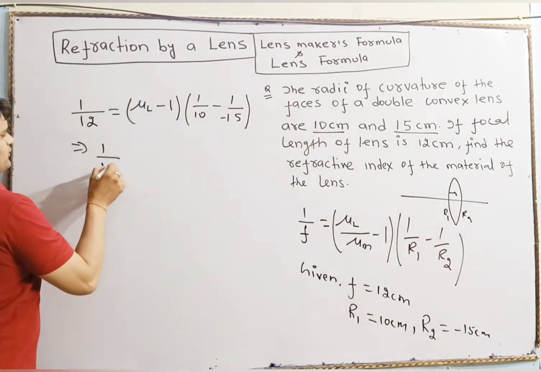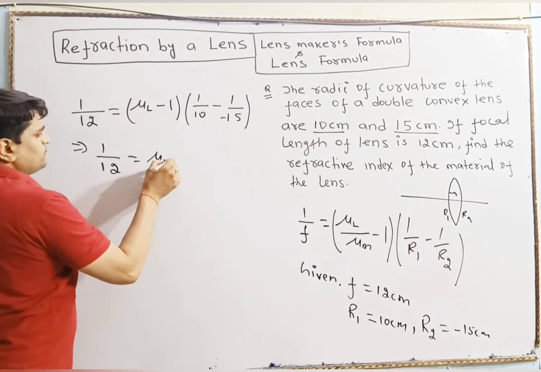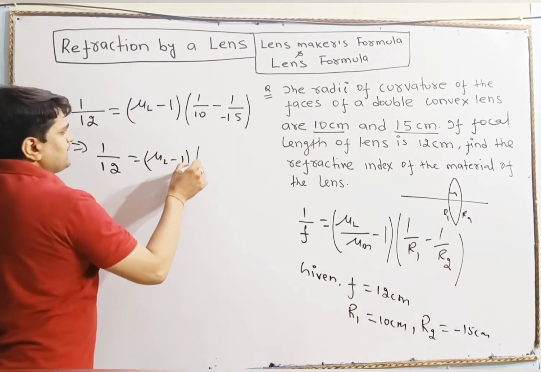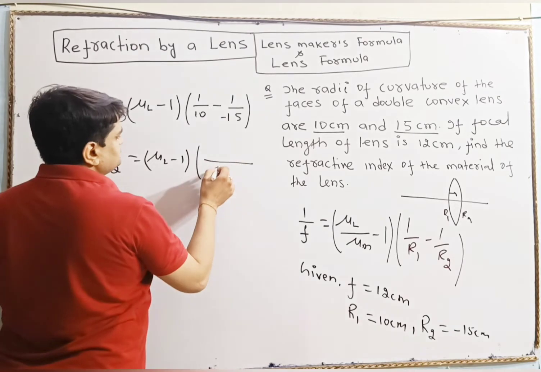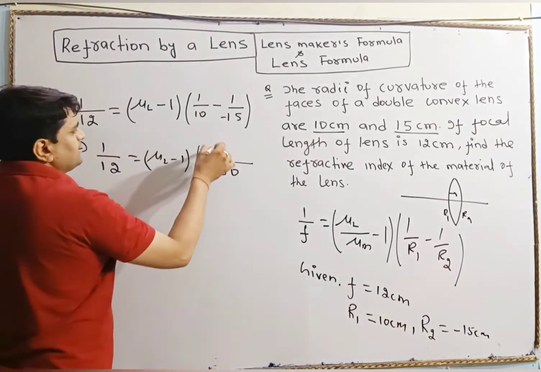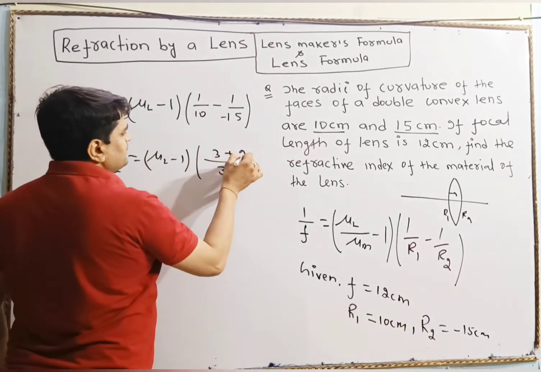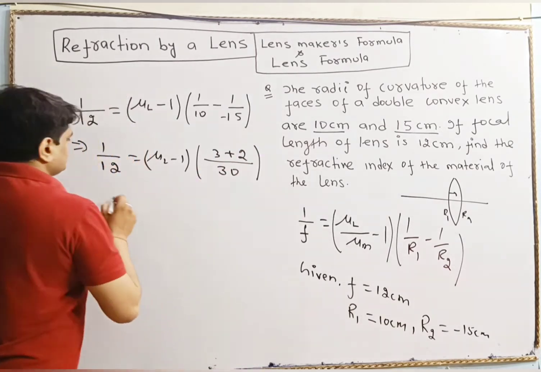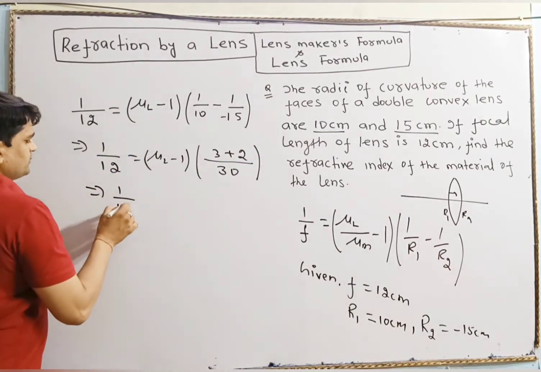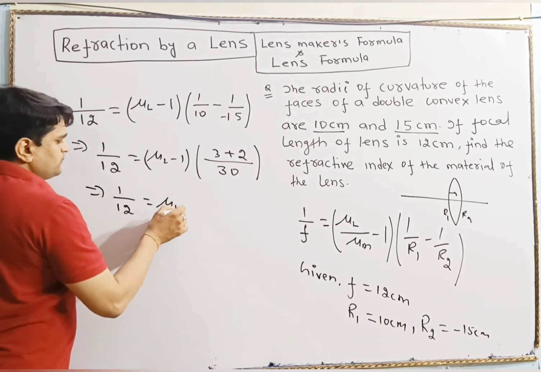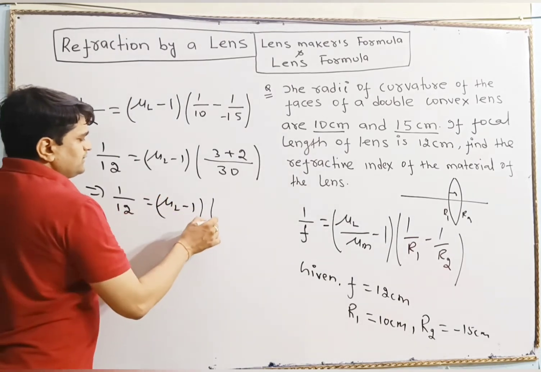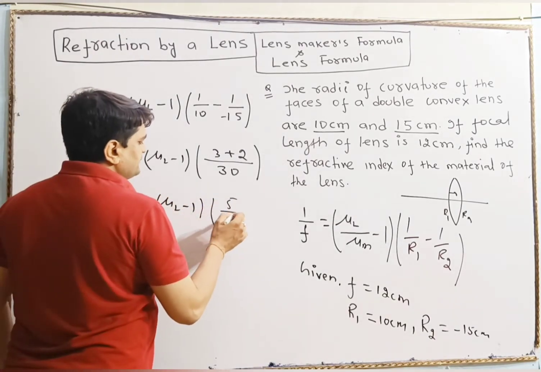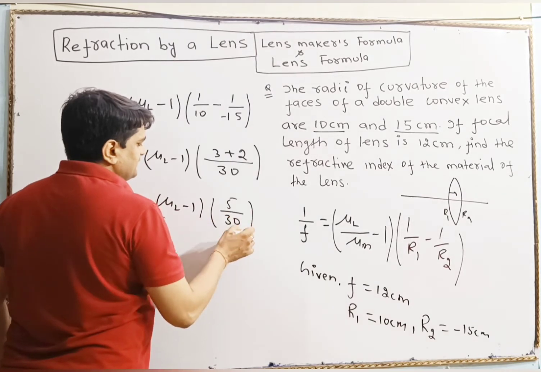It will be 1 upon 12 equal to (mu L minus 1) and it will be (3 plus 2) upon 30. Okay, and it is 1 upon 12 equal to (mu L minus 1) into 5 upon 30.